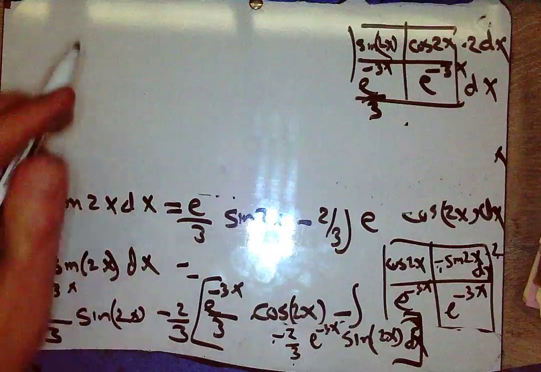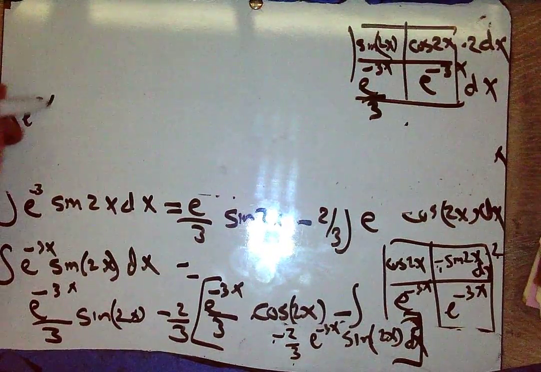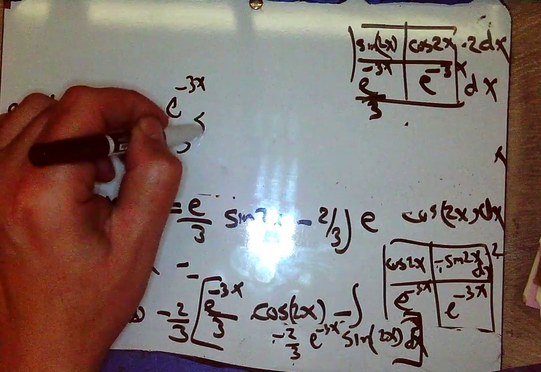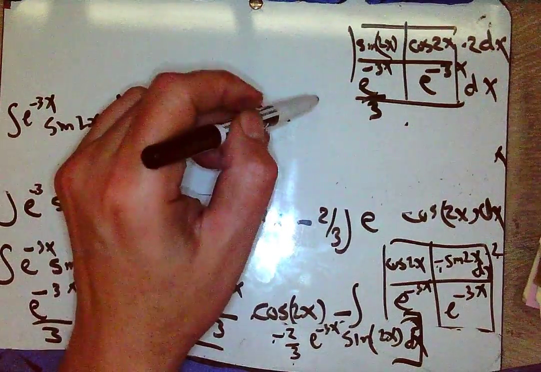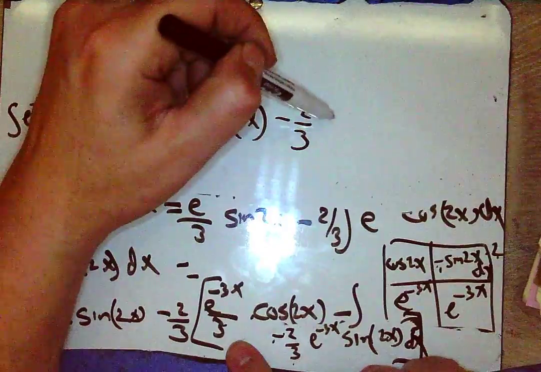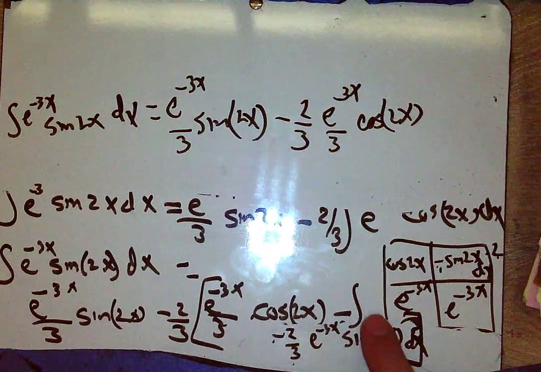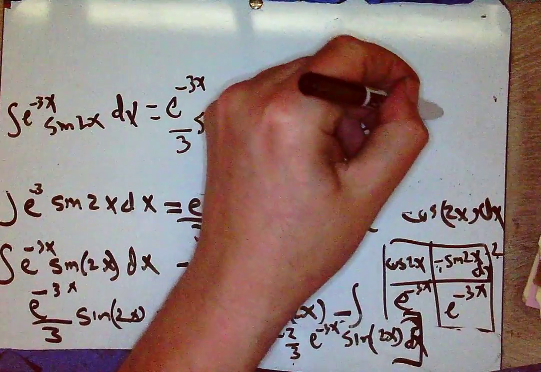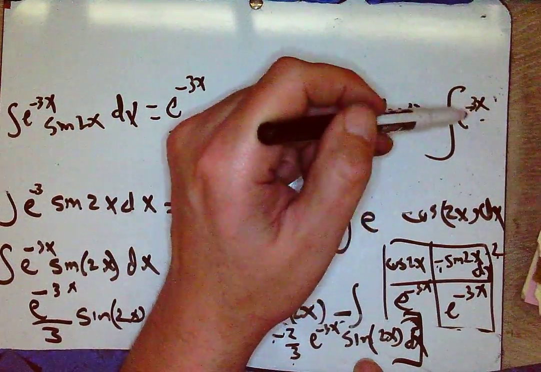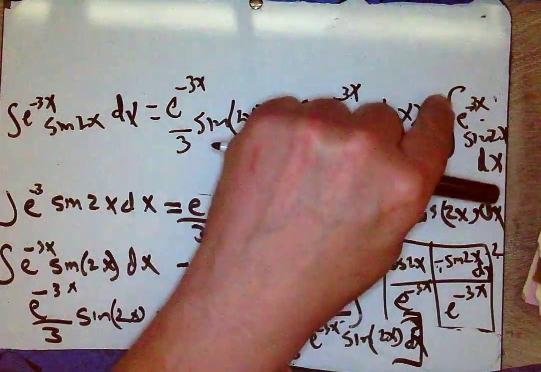Wow, tough time today. So we've now got the integral of e to the minus 3x sine 2x dx equals e to the minus 3x over 3 sine 2x minus 2/3 times this one, e to the minus 3x over 3 cosine 2x, and now we have minus the integral of e to the minus 3x times sine 2x dx, but there's a 2/3.